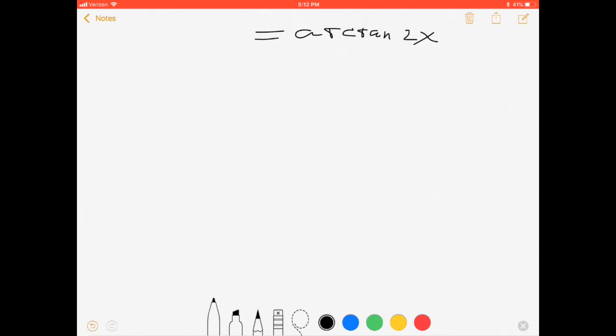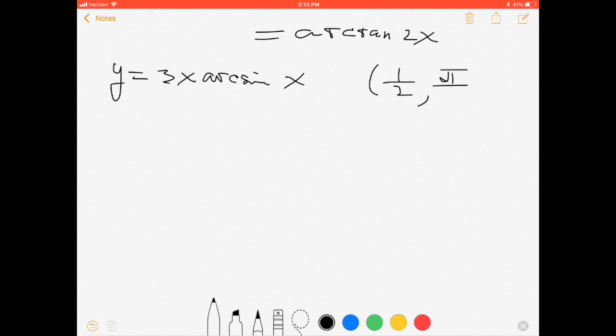Oh, I think one more question is where we need to find the equation of a tangent line. We're doing something like this: y equals 3x arcsine x at the point with coordinates 1/2, pi over 4.